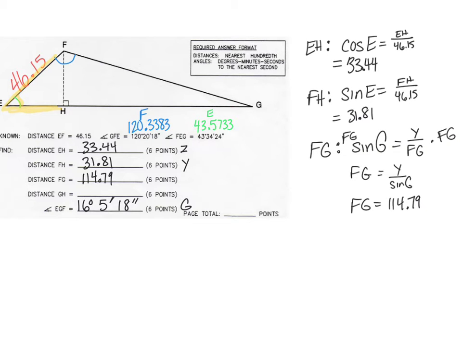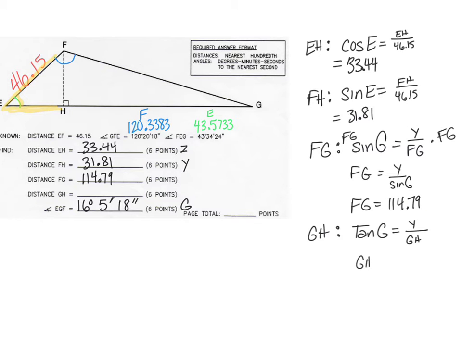This is finding GH. Tangent of angle G, which I do know in my calculator, is equal to opposite, which is FH, which I know is Y, over what I'm looking for, the adjacent GH. So again, if you can do that in your head, that hurries up the process. I'm going to multiply both sides by GH, come back and divide.